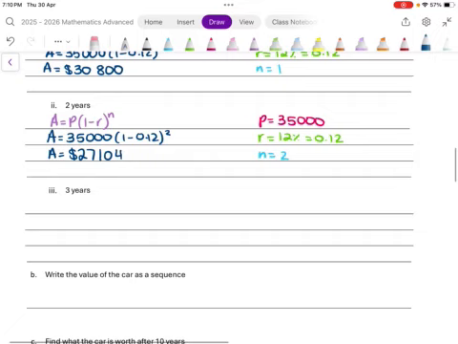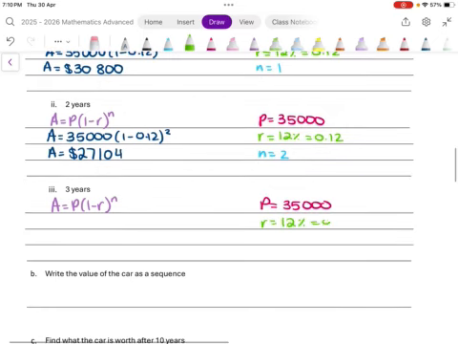Okay, for 3 years, we'll have our formula A equals P lots of 1 minus R to the power of n. Same dealio, P is 35,000. Our R is 12%, which equals 0.12, and our N is equal to 3.